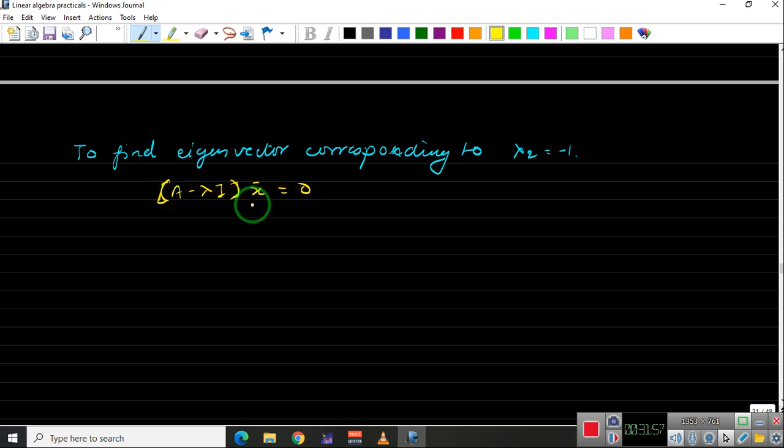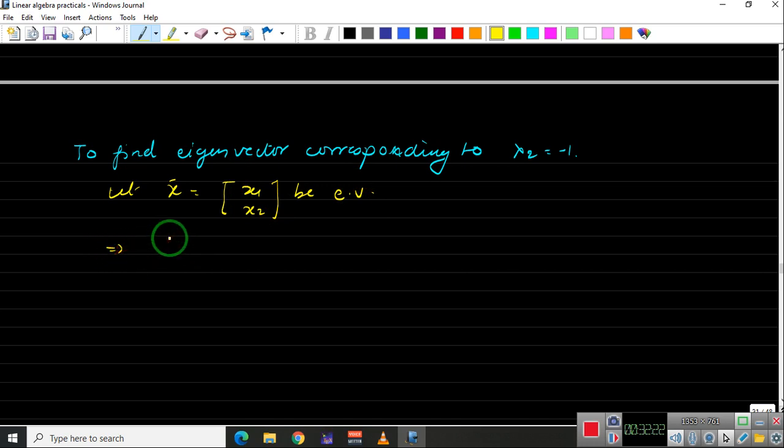Okay, x bar is again an unknown vector. Let me put that first here. So let x bar be x1, x2 again. You can take y1, y2 or whatever we need, it's just a notation. So let x1, x2 be the eigenvector. So what does that mean?